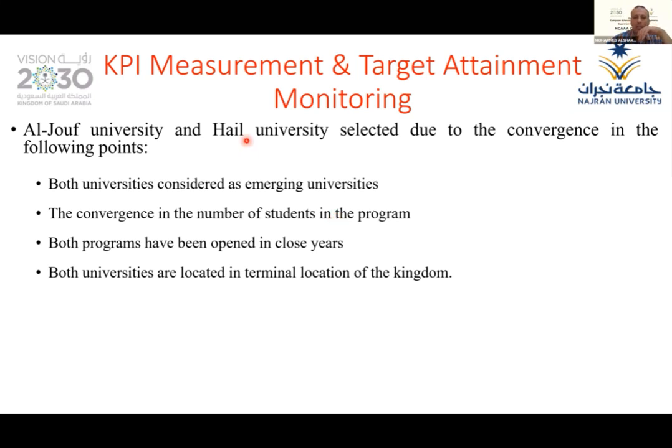Because the number of students is also almost around the number of students in our university. We cannot choose King Khalid University, their students are more than our students. Both programs are also open like ours, and both universities are in remote locations. They are not in the center, not in big cities like Riyadh or Jeddah. We are in Najran, so we'd like to have something like that.